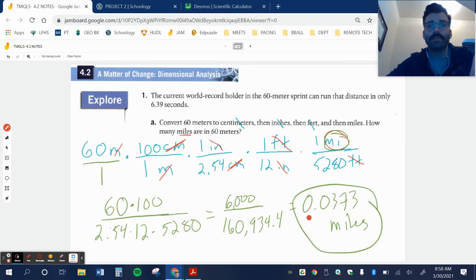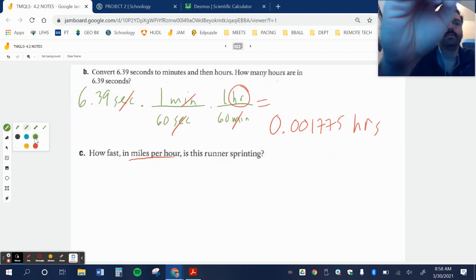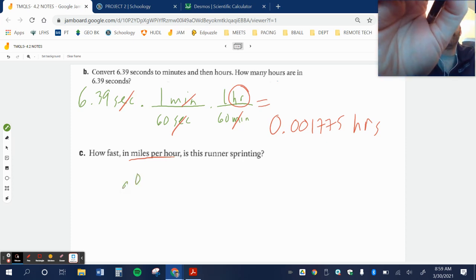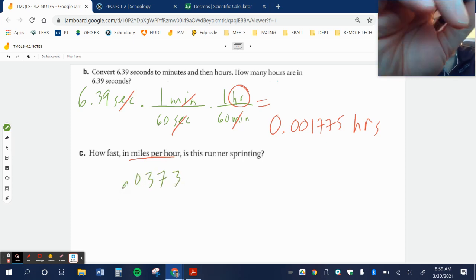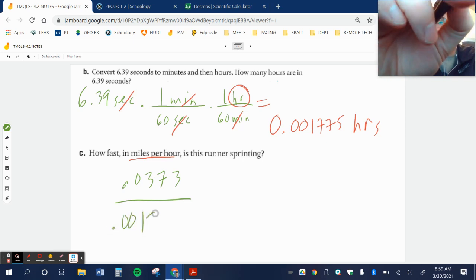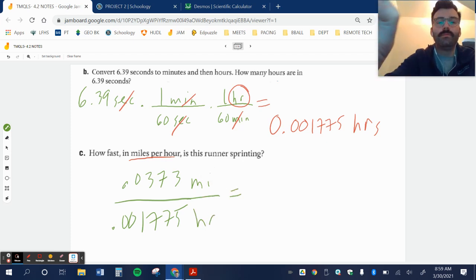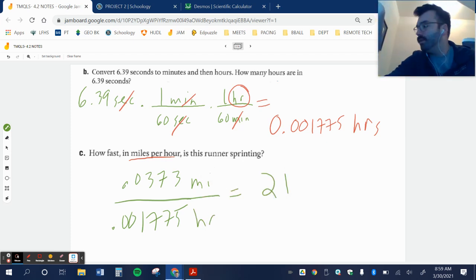Well, I have my miles, which is 0.0373, divided by our number of hours, 0.001775. So this was miles, and this was hours, which ends up being about 21.01. So we'll just call it 21 miles per hour.